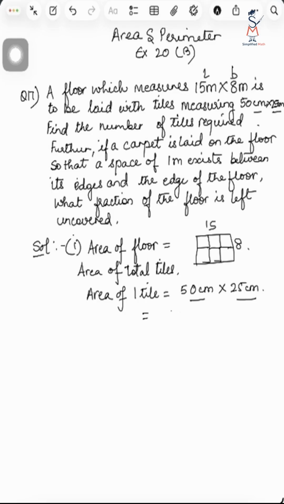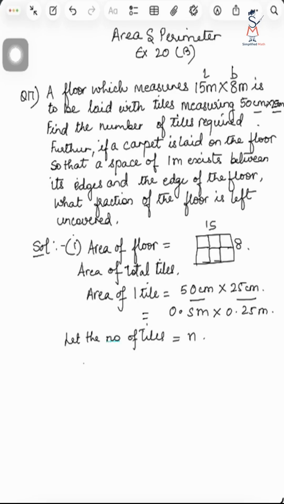So 50 centimeter we will change into meter because the floor measurement is given in meter. 50 centimeter is 0.5 meter and 25 is 0.25 meter. Right? Now this is area of one tile. Let the number of tiles be n.